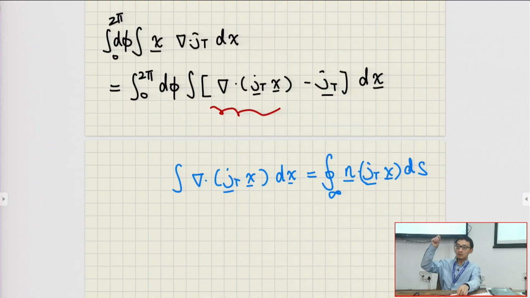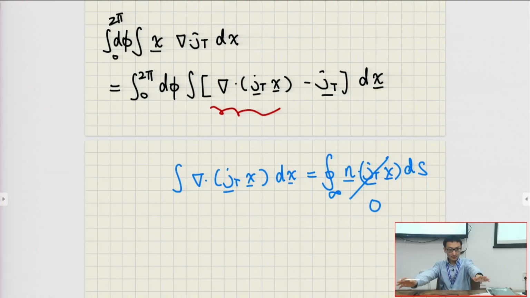What happens to the flux at infinity? Because particles are conserved, they can't escape out of our domain, which means there's no flux at infinity. So this is actually 0 as well, due to conservation.